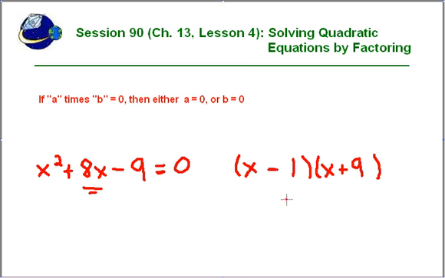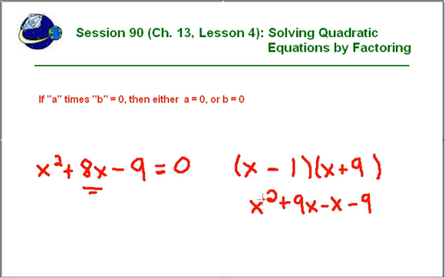And if we were to then carry out, take our factoring and carry it back out, x times x is x squared. x times plus 9 is plus 9x. So that takes care of our first term. We are now going to distribute our second term. Minus 1 times x is minus 1x, or just minus x. And minus 1 times 9 is minus 9.